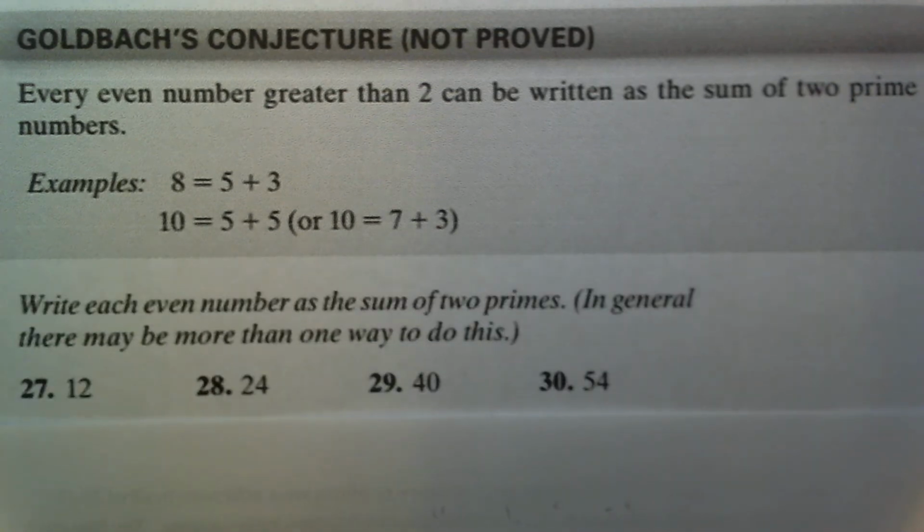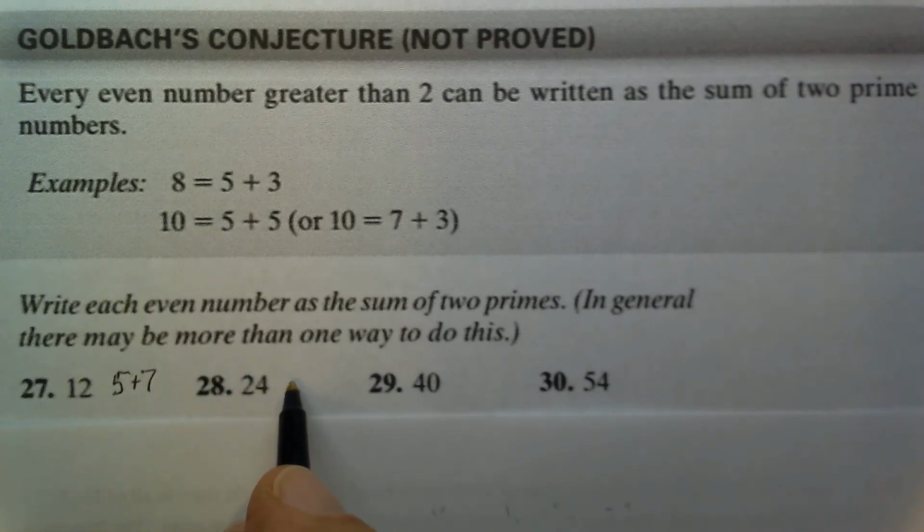Now we're supposed to write 12 as a sum of two primes. Even in general there may be more than one way to do this. So for example, 12 we can write as 5 plus 7.